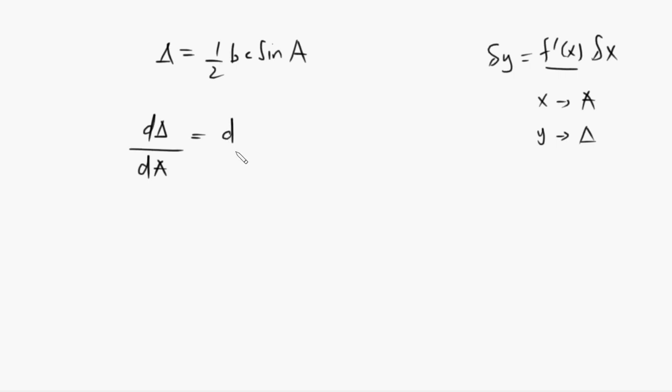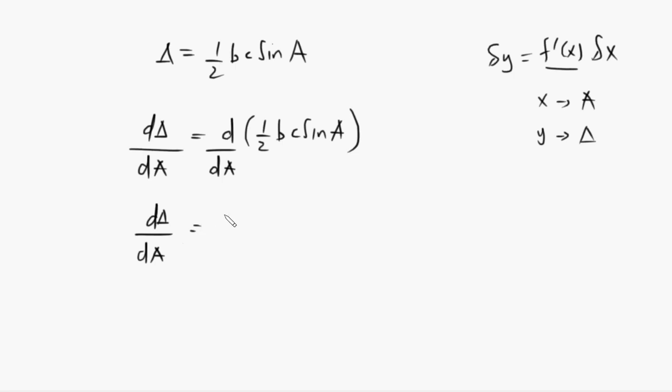So we have d over dA of 1/2 BC sine A. Now b and c are constants, and A is the one with the error, and half is also a constant, so I can take the constants outside.